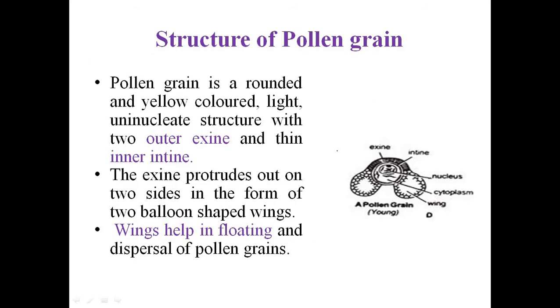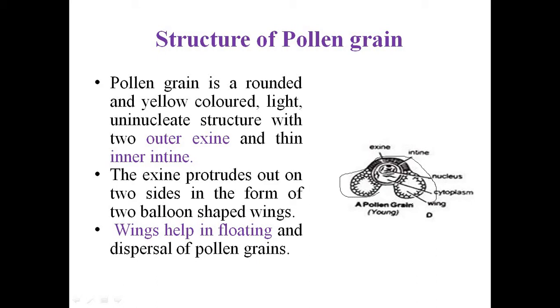When we go for the detailed structure of a pollen grain, it is a rounded, yellow colored, light and uninuclear structure, and it shows two walls. The outer exine protrudes out and gives a specific wing-like structure.